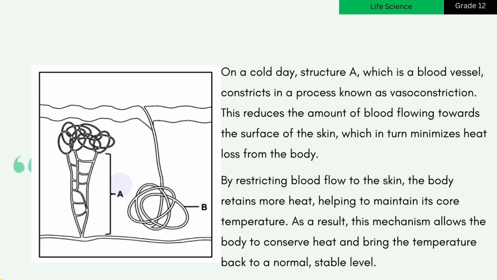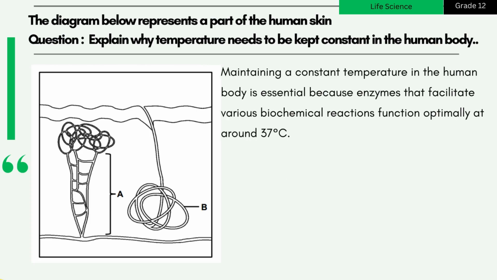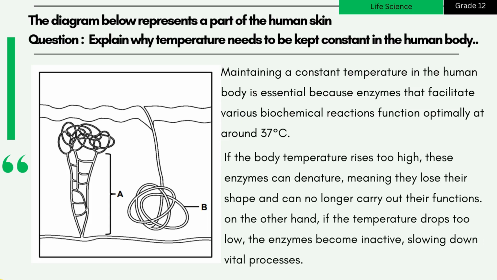Question. Explain why temperature needs to be kept constant in the human body. Maintaining a constant temperature in the human body is essential because enzymes that facilitate various biochemical reactions function optimally at around 37 degrees Celsius.